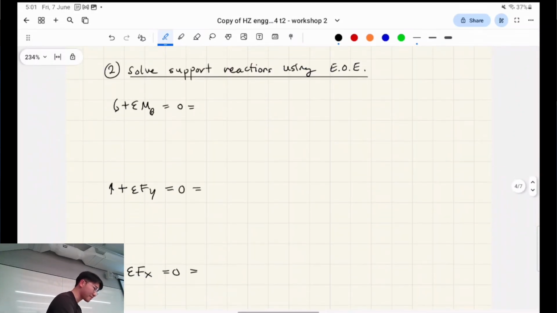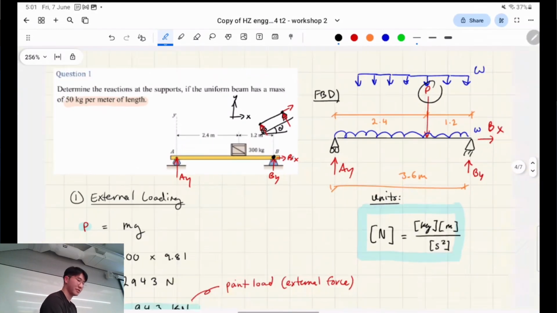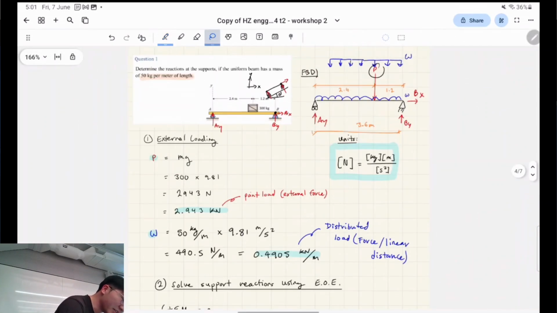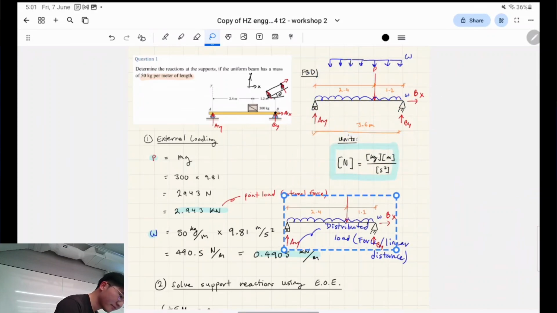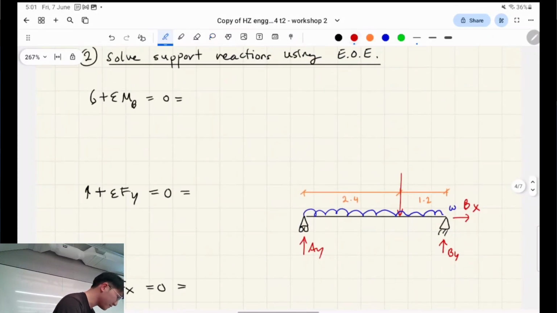So we take the sum of the moments about B, so I've decided to take it about here. I might just move this beam down. We've solved for P, it's 2.943 kilonewtons.